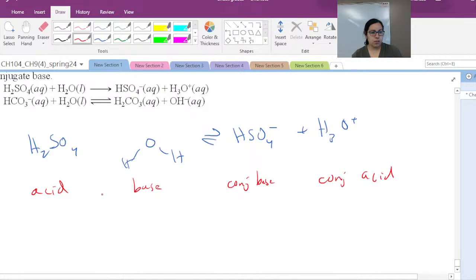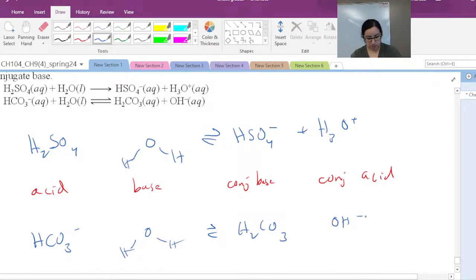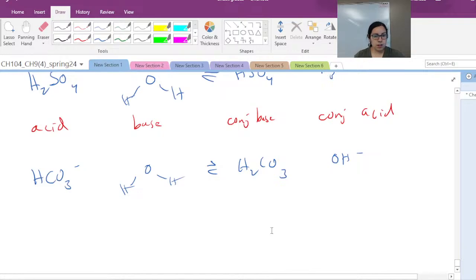So let's try the next one. So then we have this HCO3 negative species plus water gives us carbonic acid. So then what's our HCO3 species?